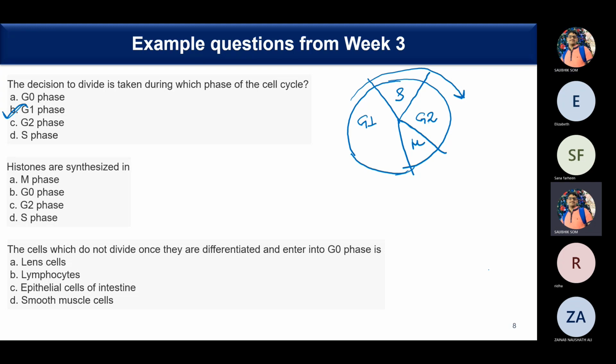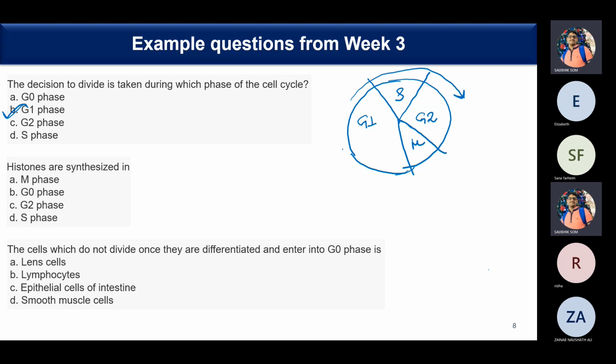During the G1 phase, the cell decides whether it should divide or not. Do I have enough resources to divide? Do I have enough proteins? Do I have enough cyclin molecules? Do I have enough organelles to go for dividing? That's why the decision to divide is taken during G1 phase of the cell cycle.